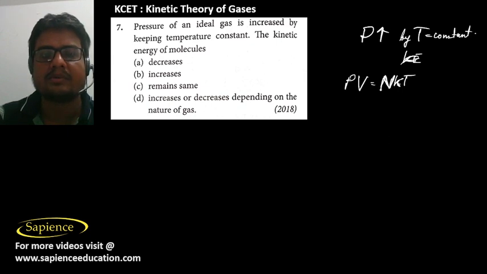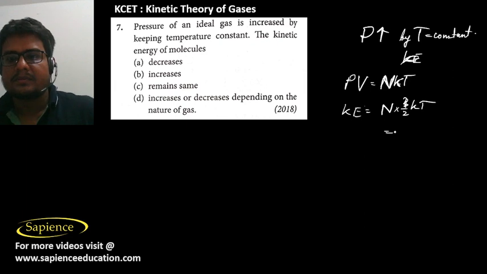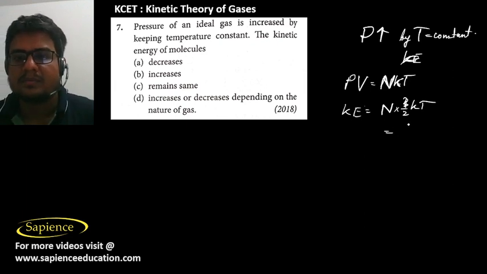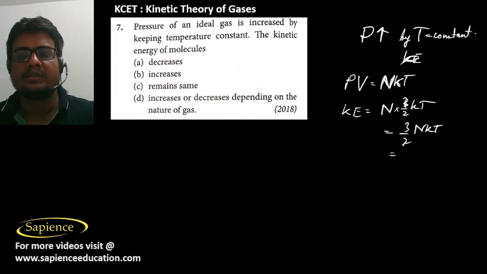Temperature is kept constant, so the kinetic energy of the molecules is N into 3 by 2 kT, which is 3 by 2 NkT. Temperature is kept constant and pressure is increased.